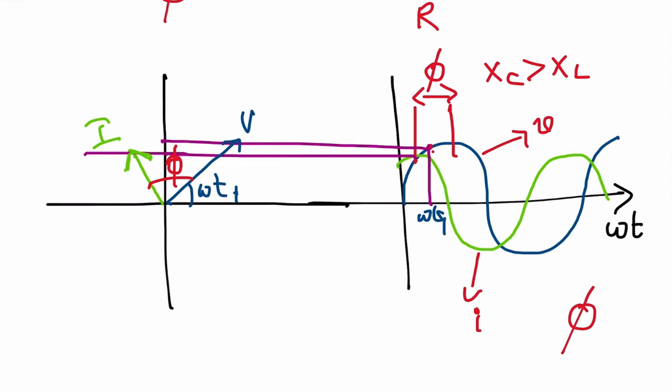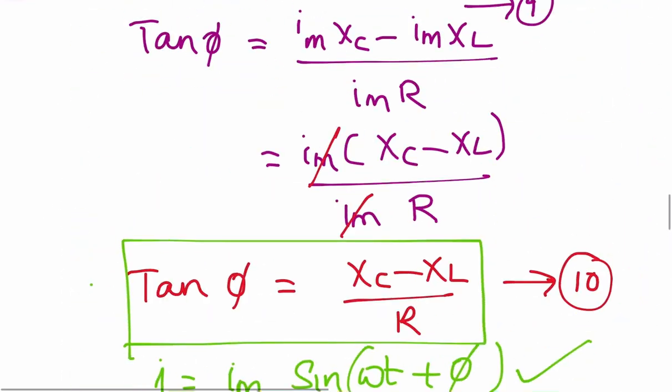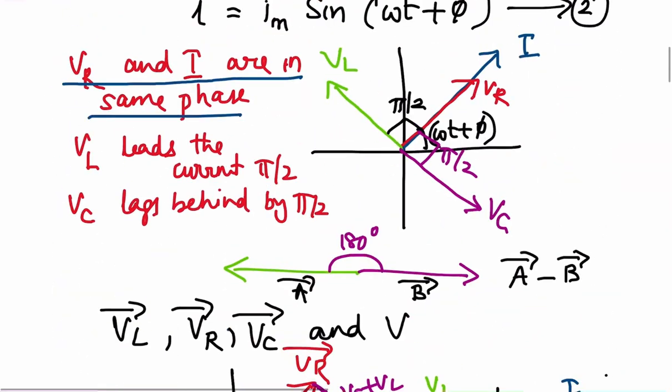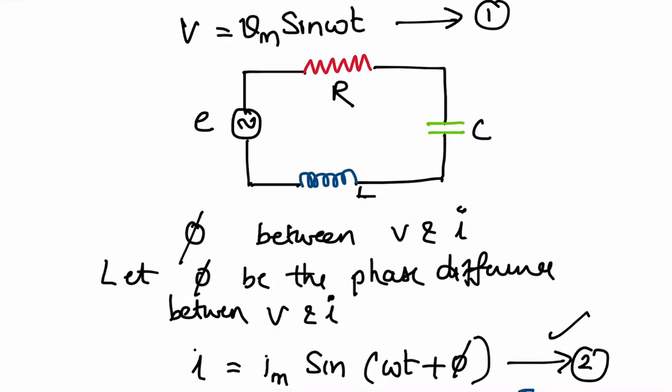Shall we have a revision to get all the equations of voltage, current and everything from the beginning, so that it's a revision for you all. So let's go here. Now this is our first equation, V is equal to Vm sin omega t, the equation of the voltage.